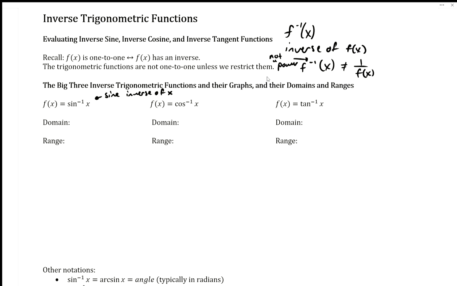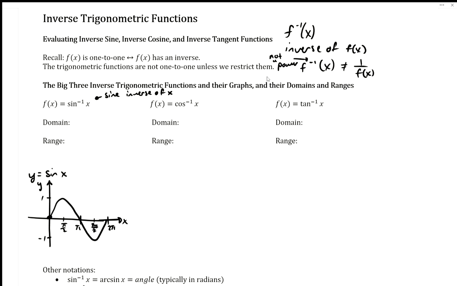All right, so the sine inverse of x, let's break down. I'm going to draw a sketch for just the sine part. So the sine function has this curve to it. If we graph it on our xy axis, it has this curve where those are important x coordinates, and these are the peaks of the y coordinates.